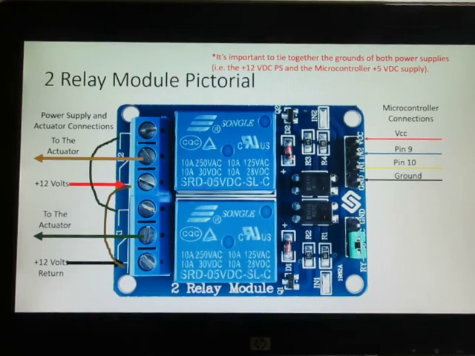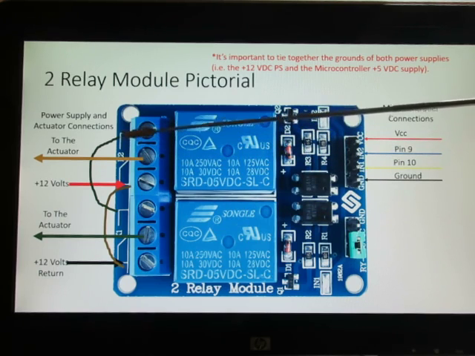So here's our relay board. The relay board is going to take DC voltage from an external source, and it's going to switch that voltage to the actuator and switch the polarity depending on which relay is activated. So let's look at the left side here.